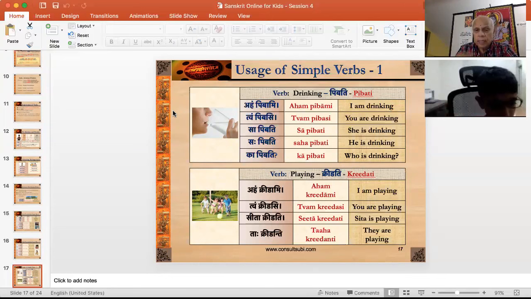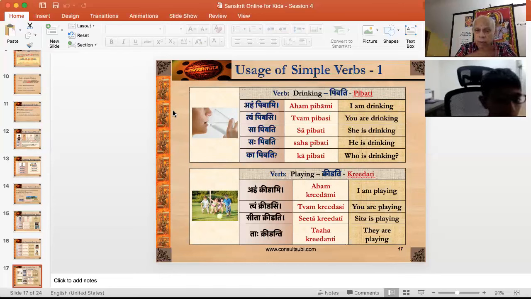Okay, let's say another verb like kridati is playing. Aham kridami. I am playing. Tvam kridasi. You are playing. Sita kridati. Feminine gender. If you are going to use plural, then becomes taha kridanti. In English, the verb is only playing, irrespective of who it is.